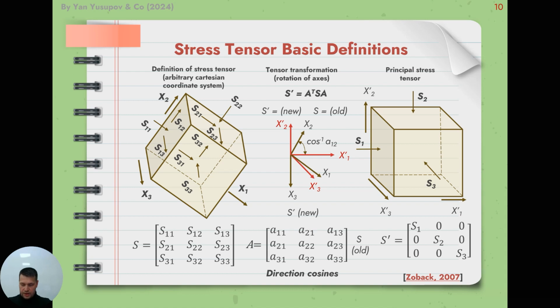By diagonalizing the stress tensor in the principal coordinate system, the principal stresses correspond to the eigenvalues of the stress tensor, and the principal stress directions correspond to its eigenvectors.